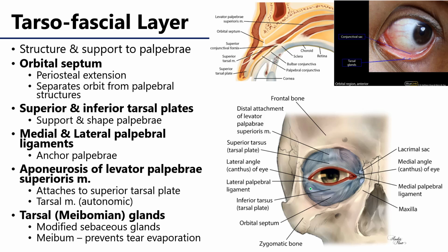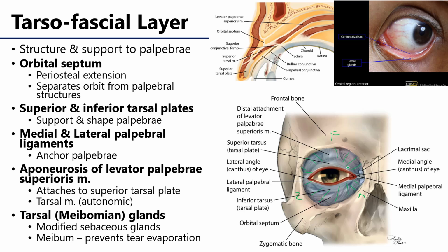So in terms of layers, that leaves the tarsofascial layer, which is our means of support for the eyelid. One of the larger parts of this is the orbital septum. Recall there are three bones, the frontal, the maxilla, and the zygomatic, which form that orbital rim. And extensions of their periosteum are going out in all directions to support those palpebrae.